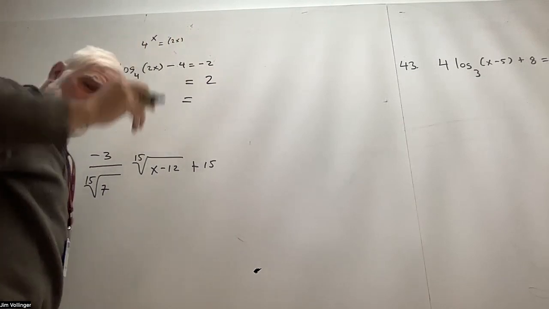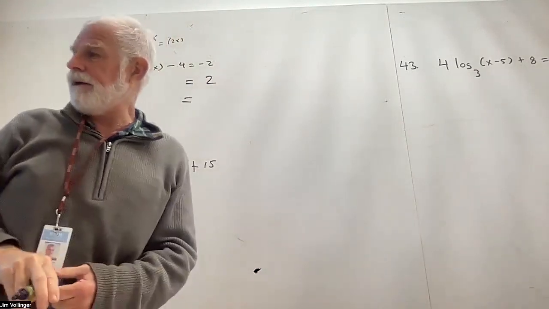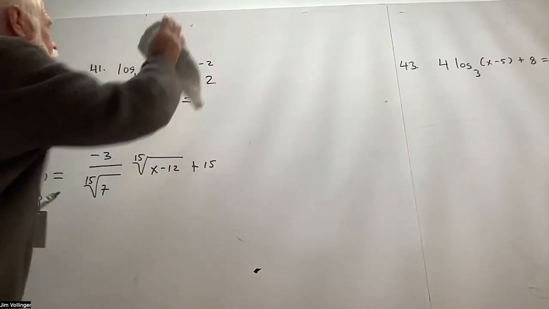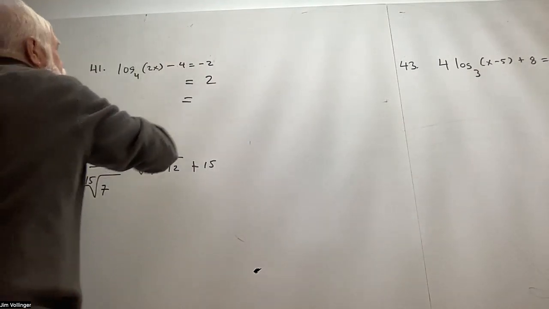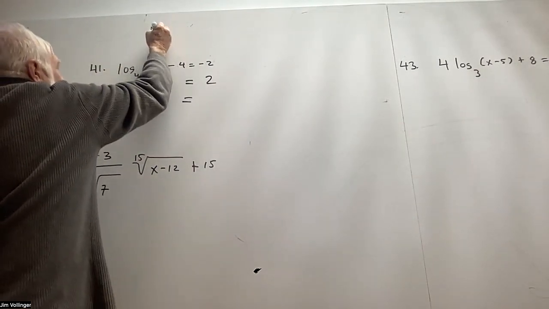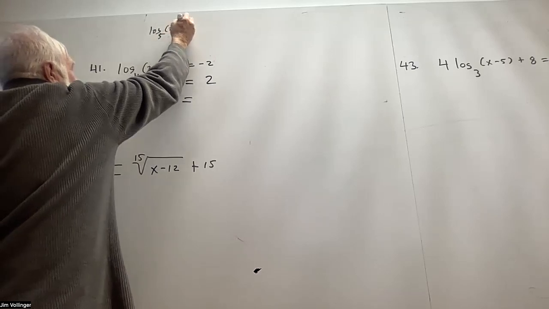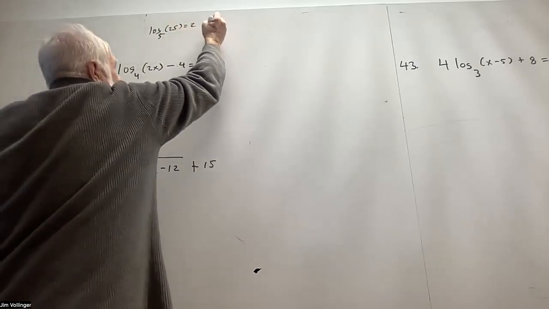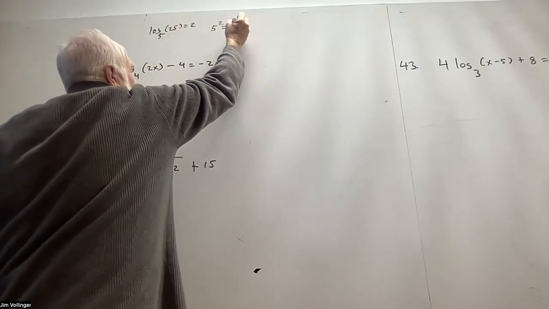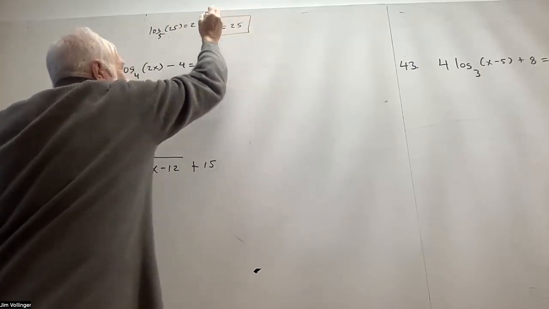Sort of. Log base 5 of 25, for instance, is 2, and we can rewrite that as 5 squared equals 25. And that's a little simpler to understand.